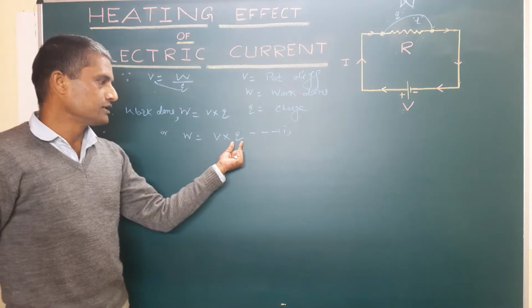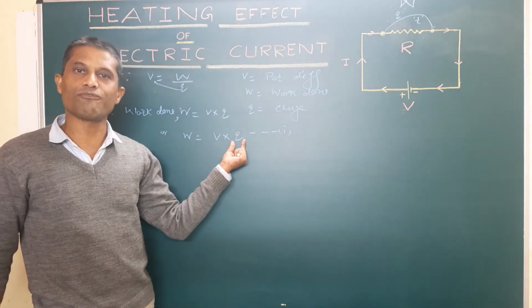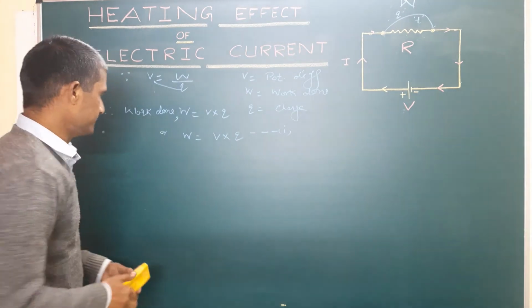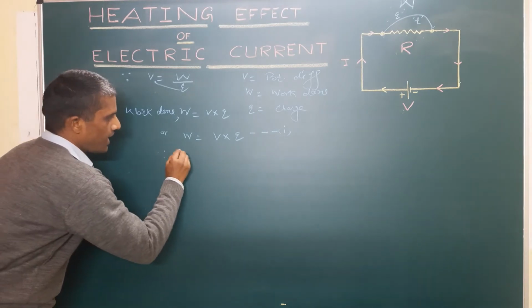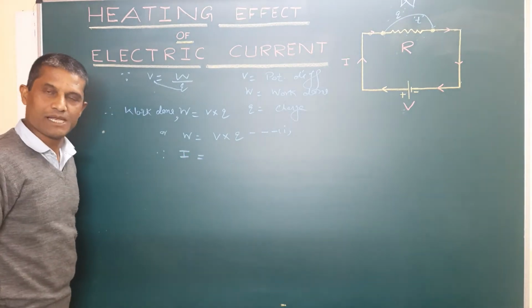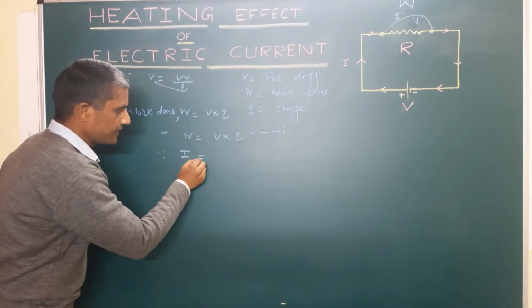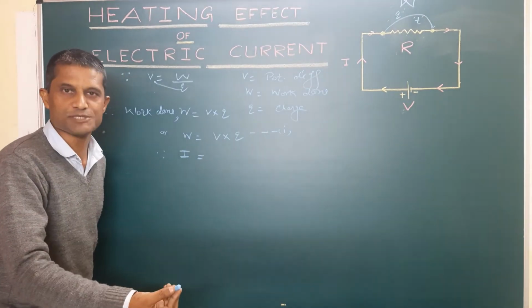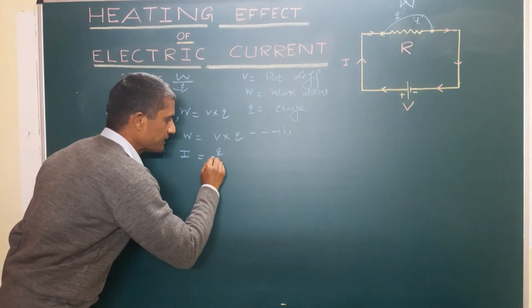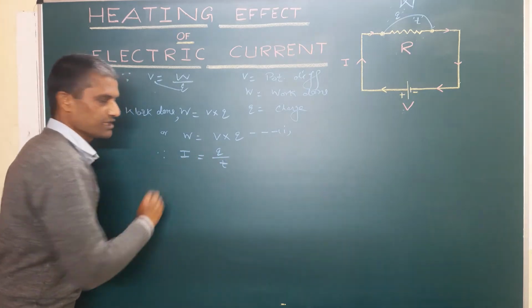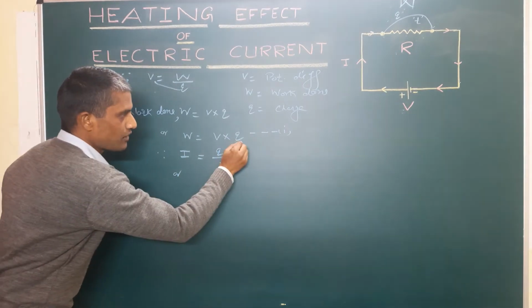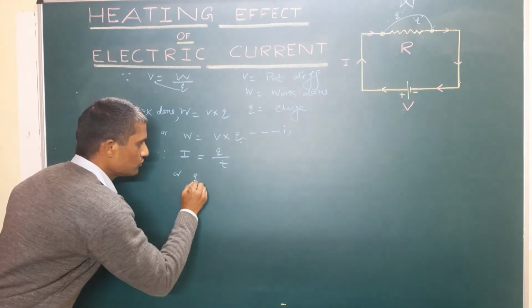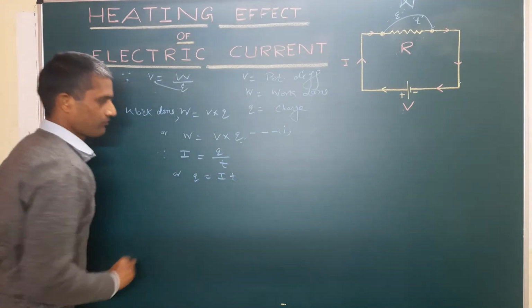Now, we know that Q is the product of I and T. I, that is electric current, we have learnt in the definition of electric current, is the rate of flow of charged particles, and mathematically I is equal to Q upon T. Or, since we want Q here, Q is equal to IT.